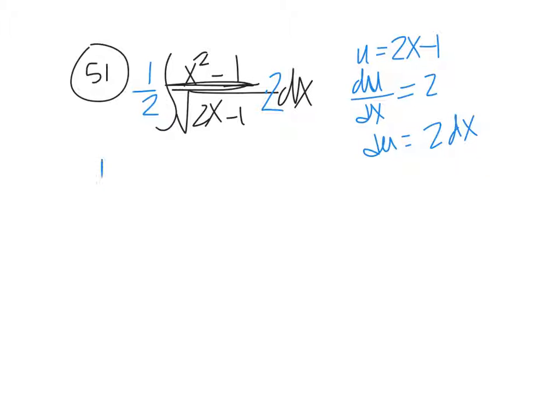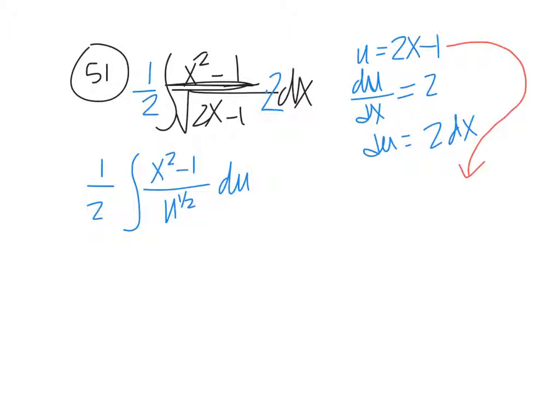And if I substitute everything in, we notice that I still have this x squared minus 1 going on. And so I need to do a change of variables for that x. So I'm going to go back up to my original equation with the u and solve it for x. So I have u plus 1 divided by 2 equals x. And I'm going to substitute that in.